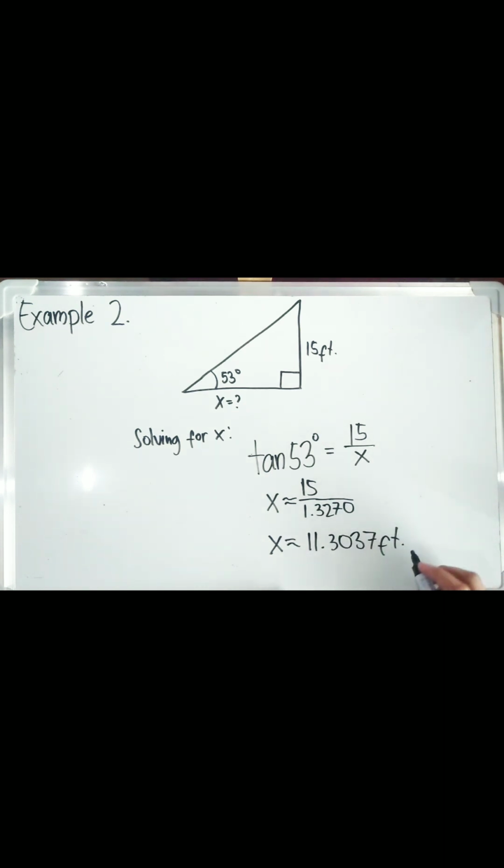Hence, the length of the shadow of the tree on the level ground is approximately 11.3037 feet.